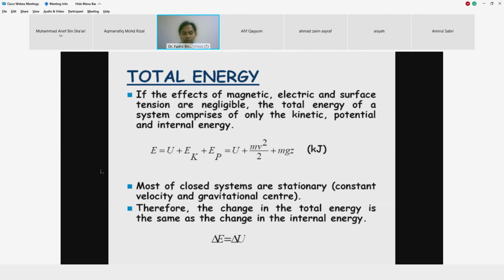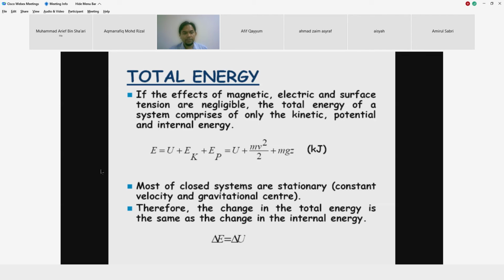So if we want to find the total energy at point 1, the total energy is E1 equal to U1 plus KE1 plus PE1, right?